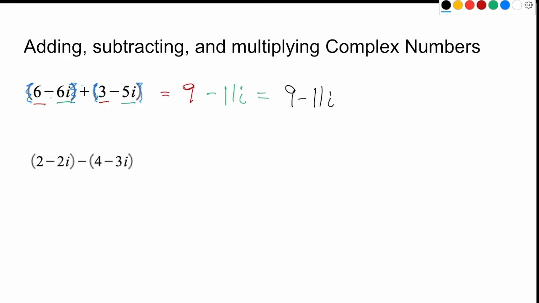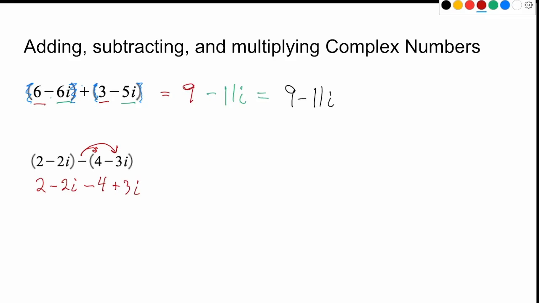How do we subtract? Similar, except we do have to be careful that when we multiply through by a -1, it changes the sign of each of these. So we distribute through as we take off these parentheses, and we rewrite this as 2 minus 2i, minus 4, and a negative times a negative is +3i. That's the biggest error I see, not distributing through. Some students will take that negative, distribute to the 4, but not to the negative 3.